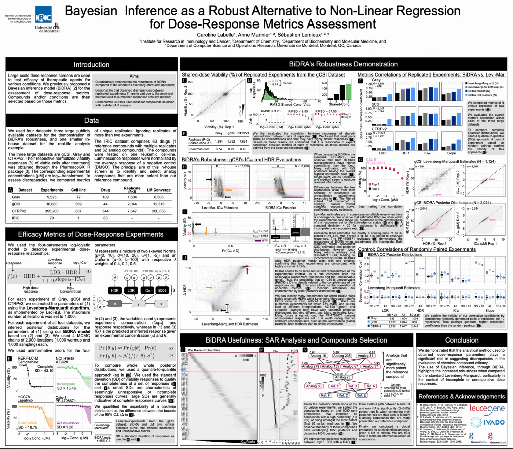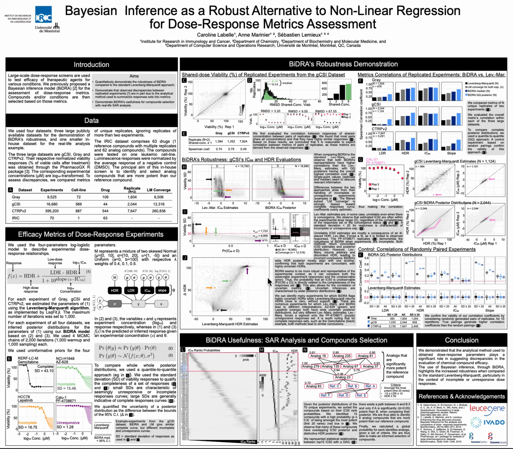We can identify many experiments for which BIDRA flags highly uncertain HDR, while Levenberg-Marquardt returns HDR close to 0. There are numerous experiments for which Levenberg-Marquardt and BIDRA lead to different interpretations. For example, AZ and lapatinib, in green and in orange, both have wide uncertain posterior distributions, but very different Levenberg-Marquardt estimates.